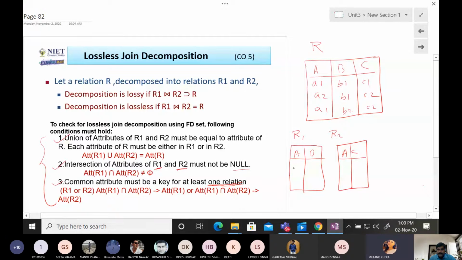Satisfied. Both are satisfied. Why? Because R1 intersection R2 is A.